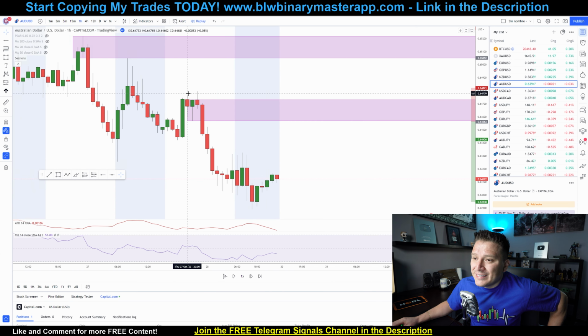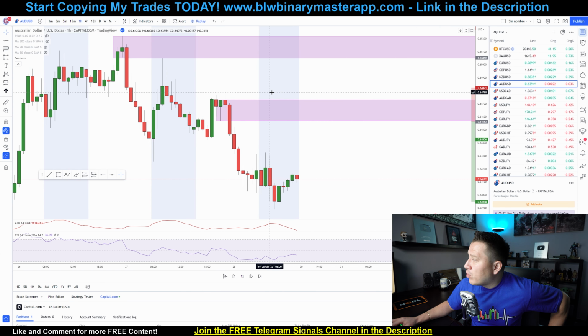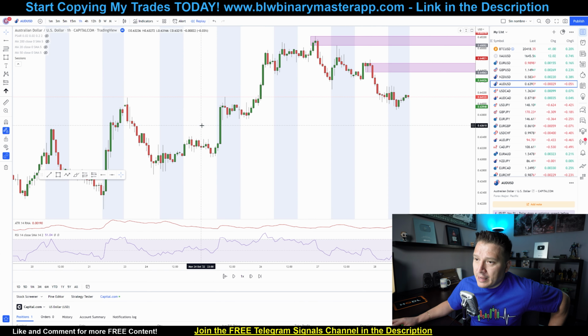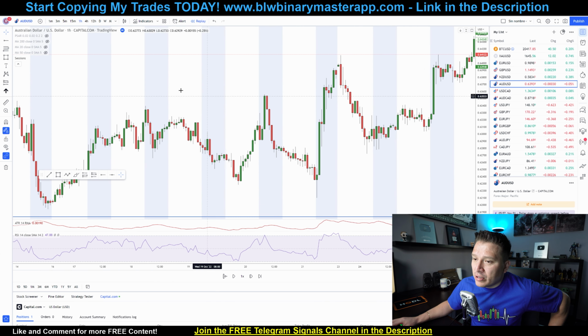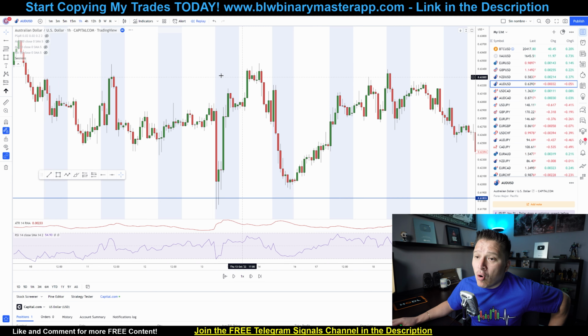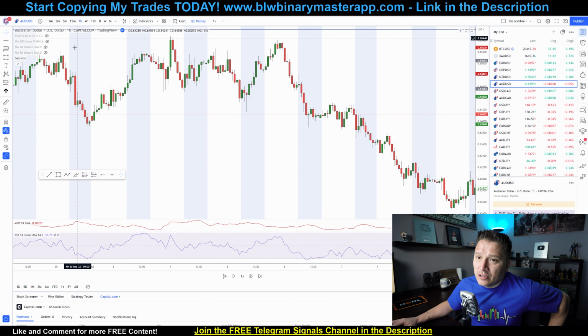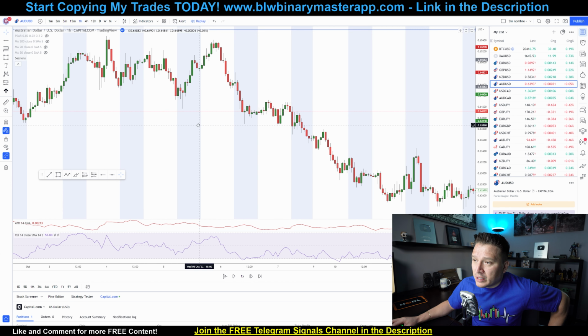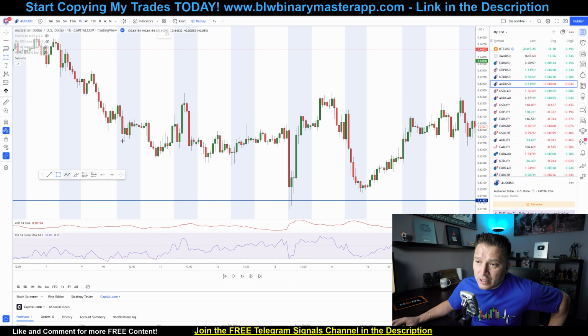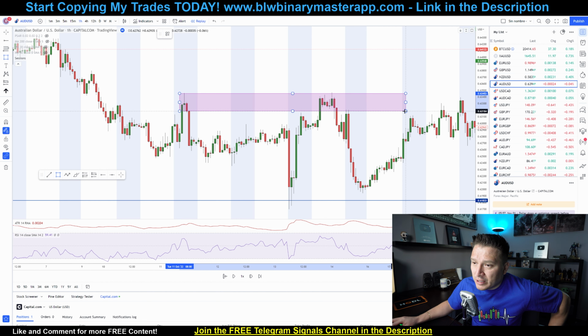Now, this is a clear example that I wanted to show you. Again, we can be looking at order blocks all day long if we want to. For instance, let me just go ahead and find one real quick. This one right here looks good. Take a look at it. This is the last candle before a big movement.